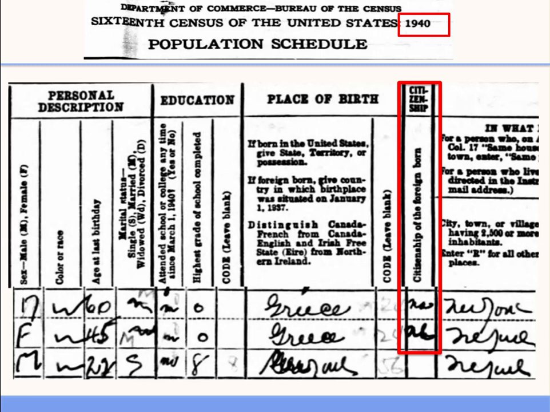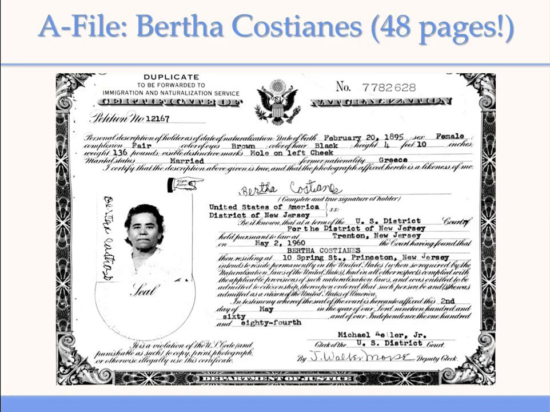You can see on line 1 that there is an N and an A, meaning naturalized. On line 2 is an AL, meaning alien. This tells us that the person on line 1 was a naturalized citizen and would not have an alien registration file. The person on line 2 was an alien. He had to register with the United States, and therefore he must have some type of file.